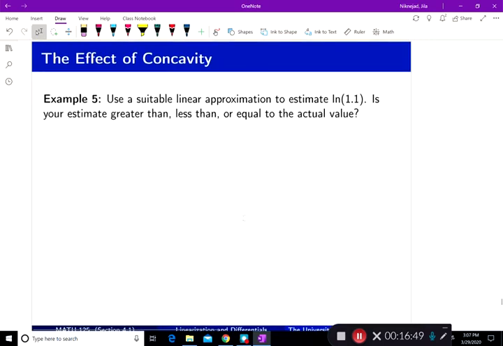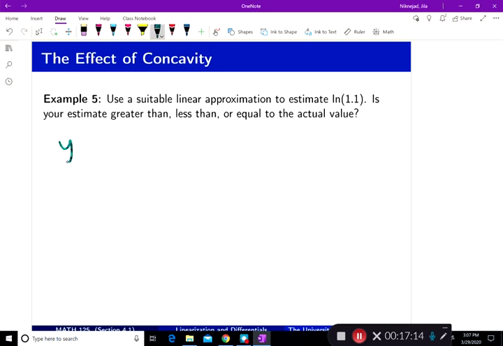Okay, example 5. Use a suitable linear approximation to estimate the natural log of 1.1. Is your estimate greater than, less than, or equal to the actual value? Okay, natural log of 1.1. First of all, what is the function that I'm using?